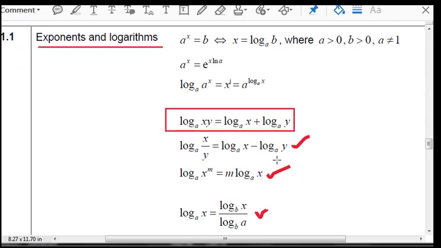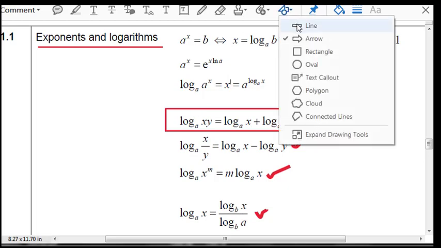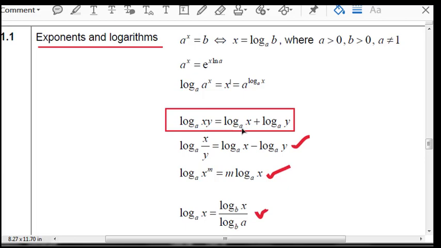Okay, a to the power log of x to the base a can be written as x. Log of xy to the base a equals log x plus log y.